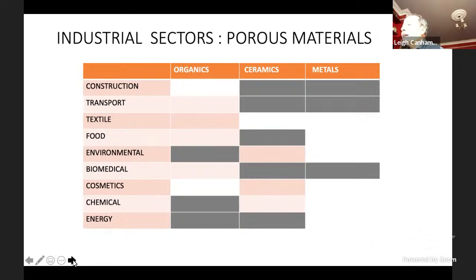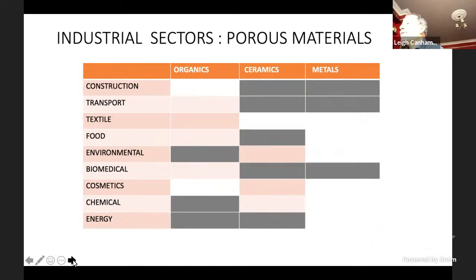So often metallic porous materials can be quite expensive. And organic porous materials, for example, can be the least expensive.